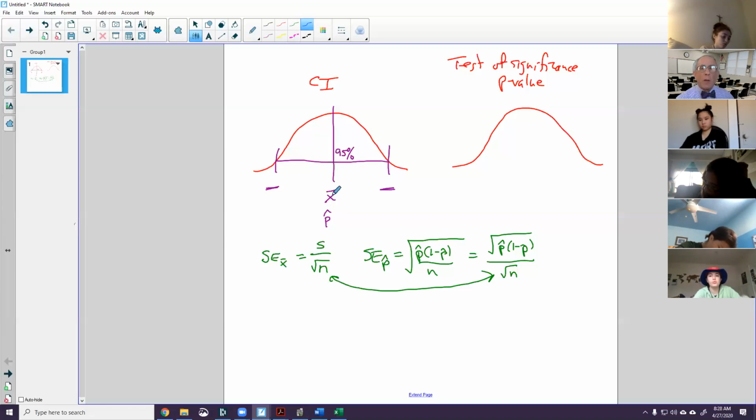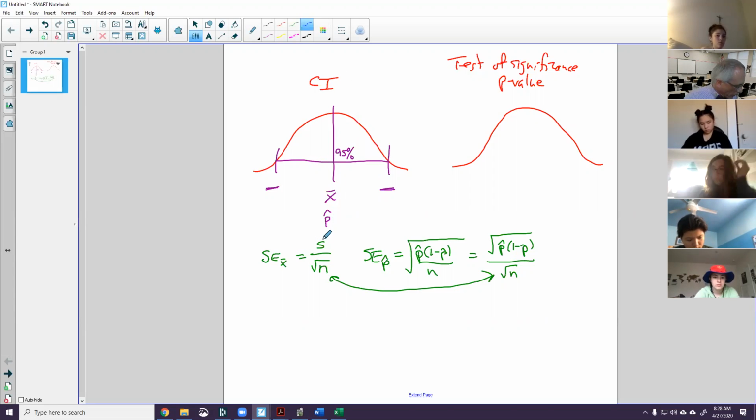So they will never be on the same picture. You're either going to have a categorical variable or a quantitative variable, so you're either going to do proportions or means. I'm putting them here because they're both called confidence intervals. So x bar is the mean of quantitative, and p hat is the proportion of categorical? That is correct. Okay, thank you.